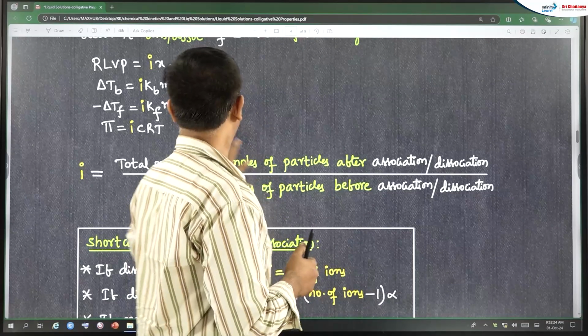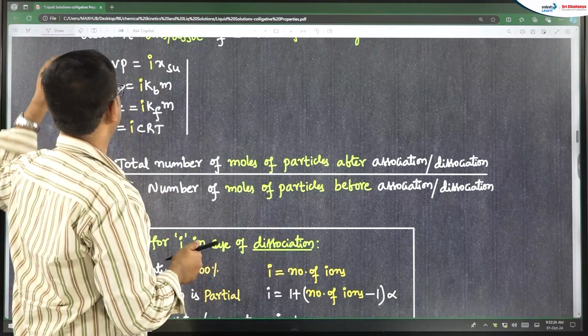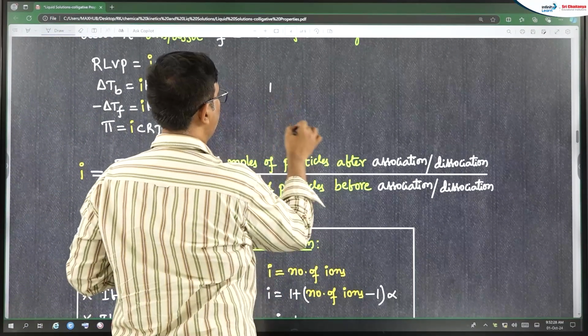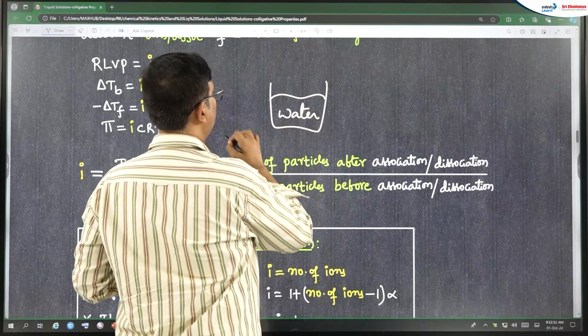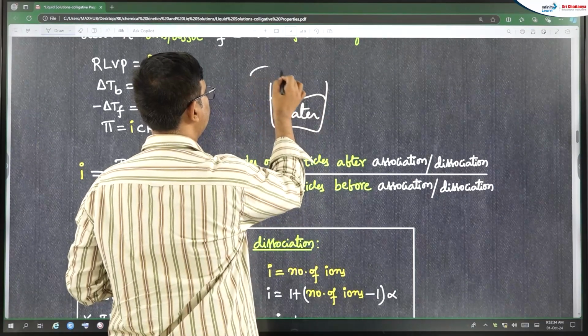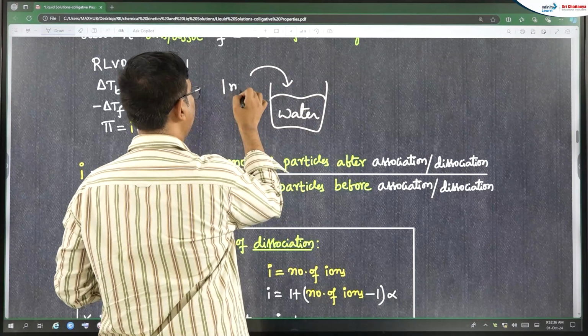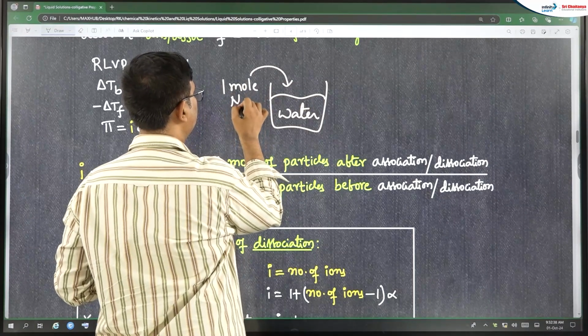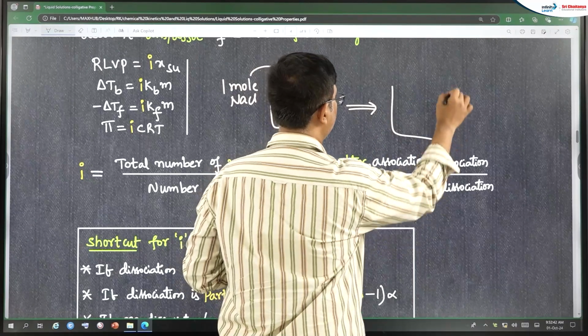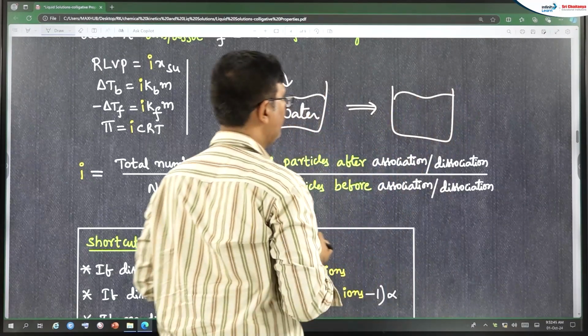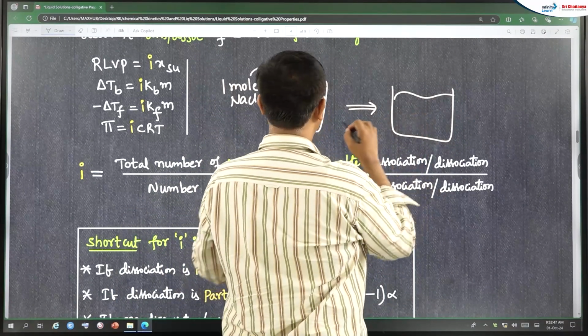For example, if you take a solvent water and you have added 1 mole of NaCl, then what will happen after adding NaCl?